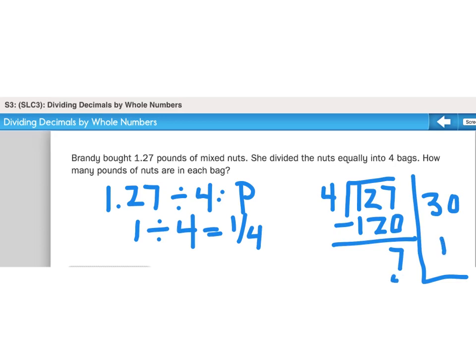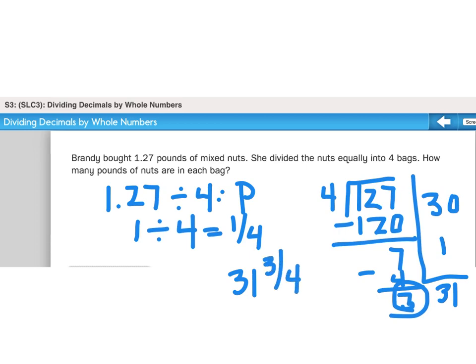So 4 times 1 is 4. Subtract that, and that gives us 3 left. So now we have 31 with a remainder of 3. Now, when we were doing fractions before, we would write that as 31 and 3/4, because remember, we take our remainder, which was 3, and put it over our divisor up here, which was 4. So we have an answer of 31 and 3/4.